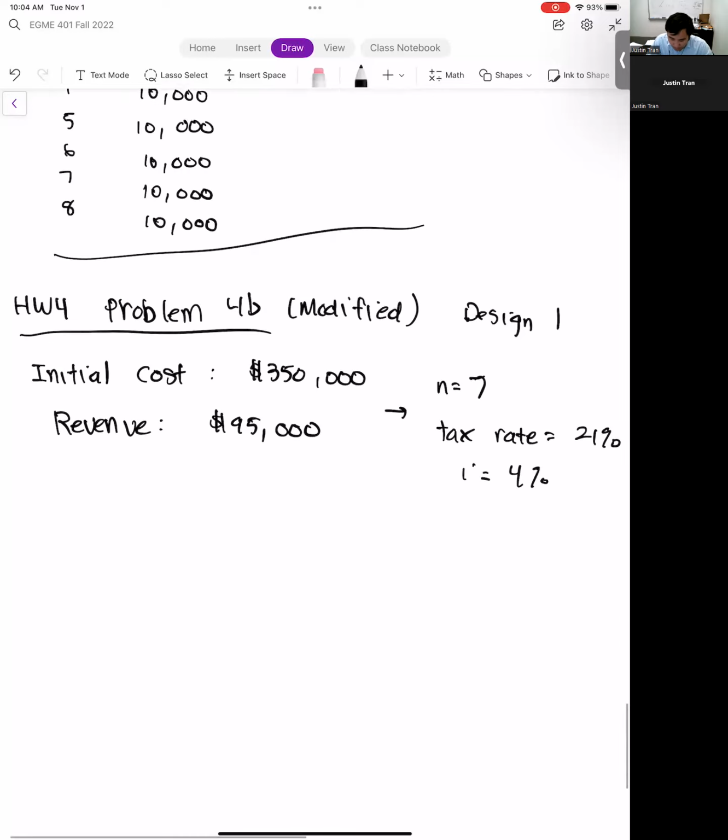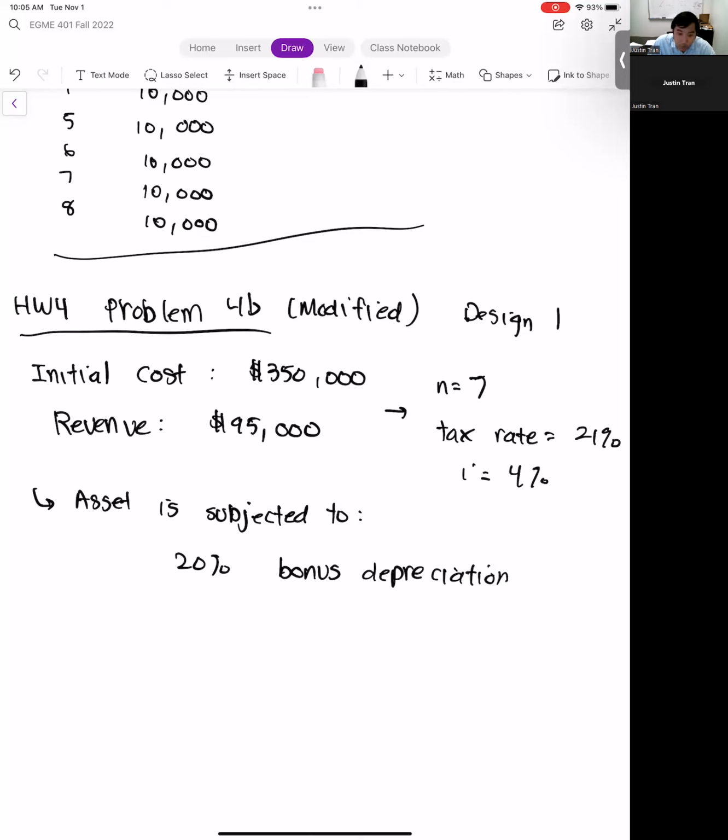Okay, and we are going to apply some depreciation rules to this, and so let's say that this asset is subjected to 20% bonus depreciation. And the rest of the depreciation is made up with straight line with a salvage value of 0.